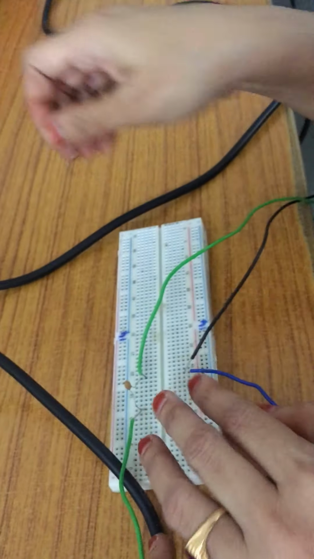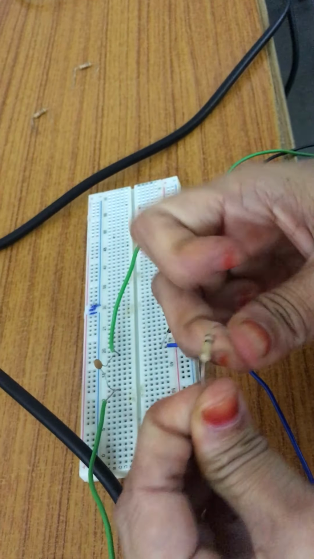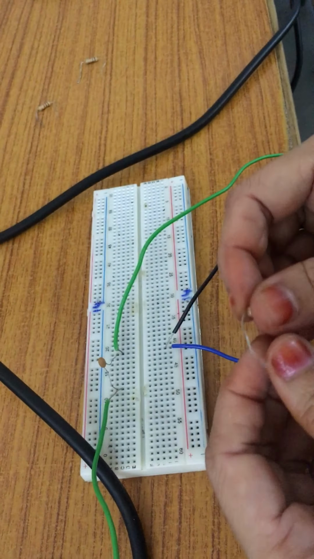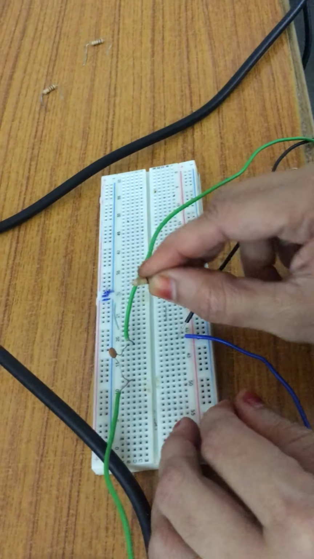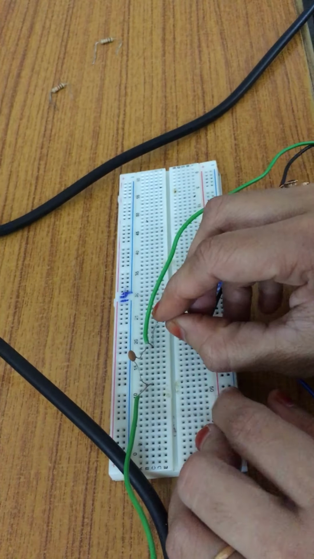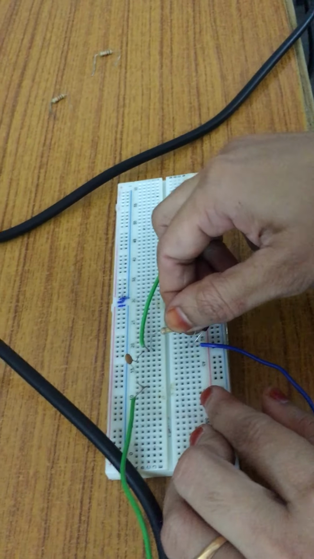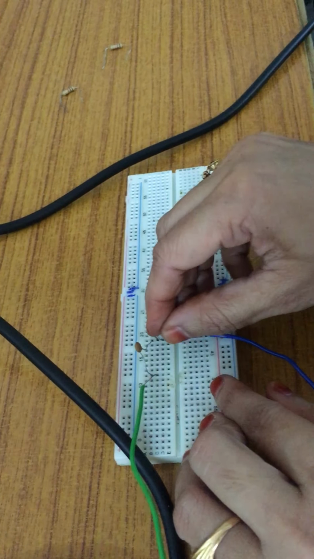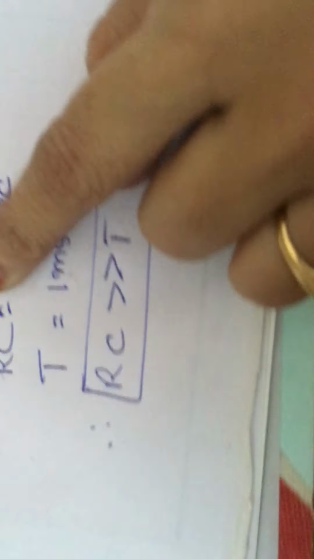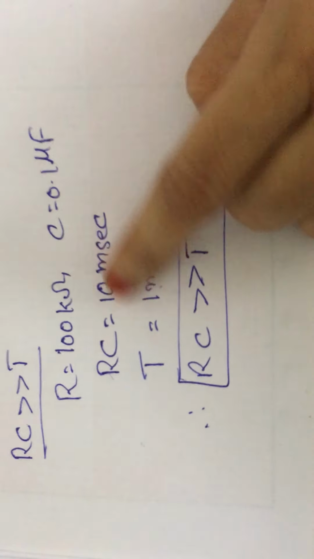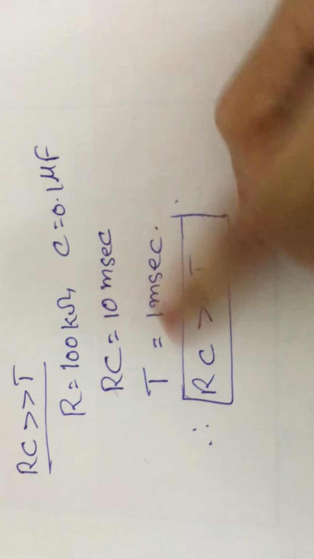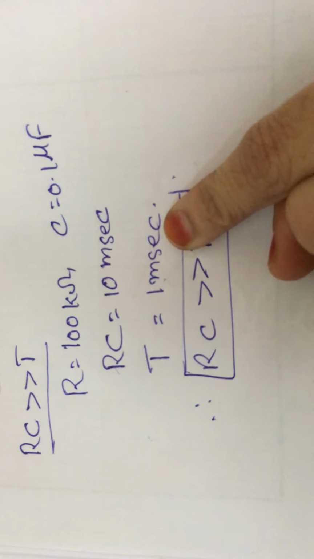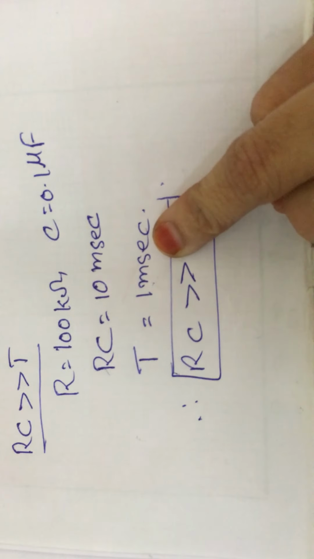And the last condition is RC far greater than T. In this case, the resistor value we have chosen is 100 kilo ohms and C is 0.1 microfarad, so RC is 10 milliseconds, and the input signal time period T is 1 millisecond.